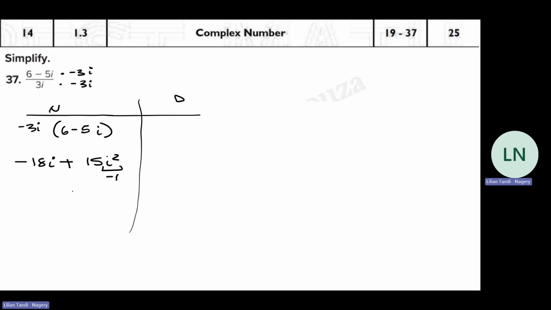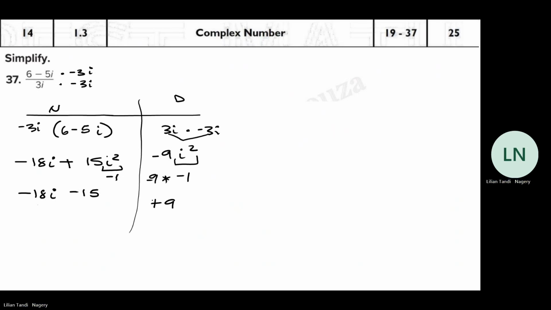This becomes negative 1, so this becomes negative 15. And this is negative 18i. And then 3i times negative 3i is 9i squared, but negative, because 3 times negative 3 is negative 9, and i times i is i squared. This becomes negative 1, negative 9 times that, and that becomes positive 9.